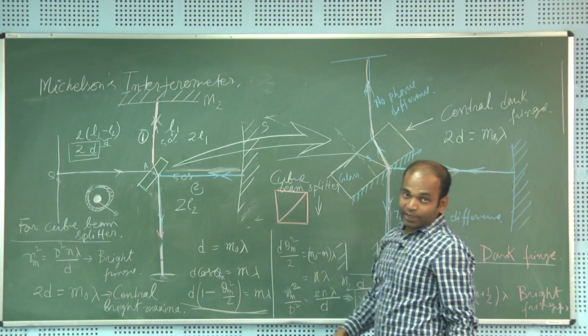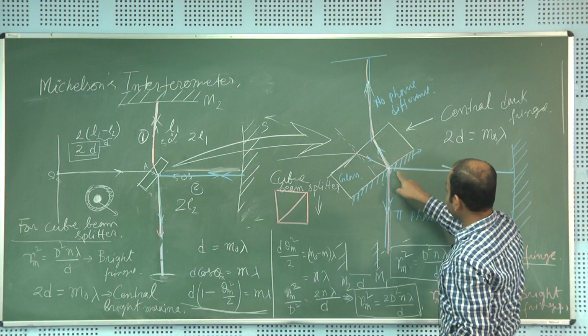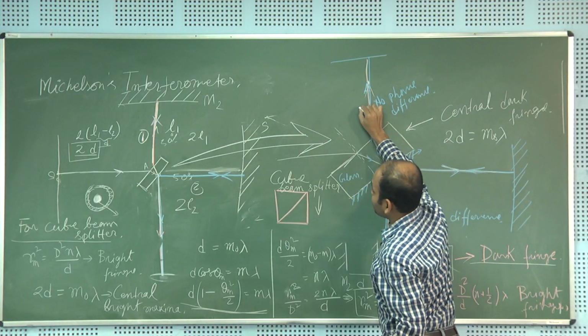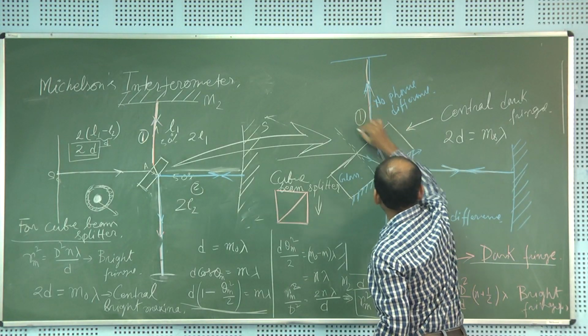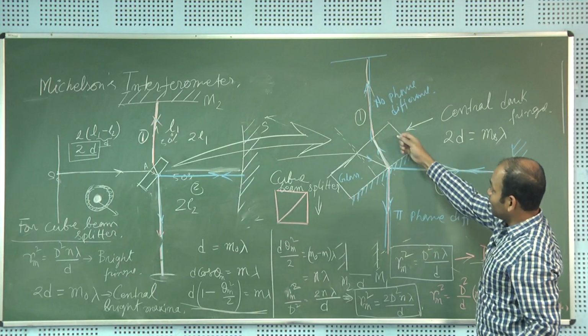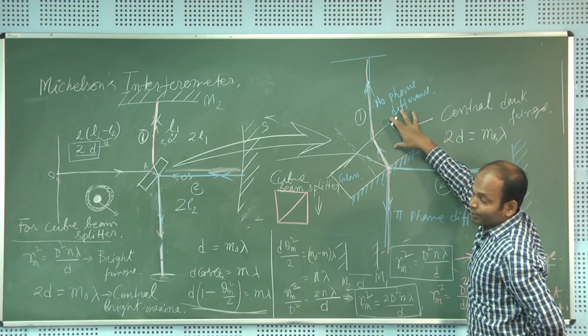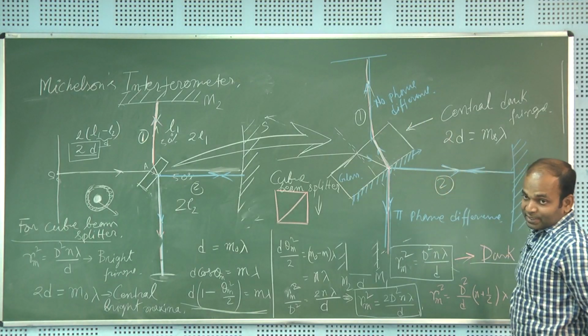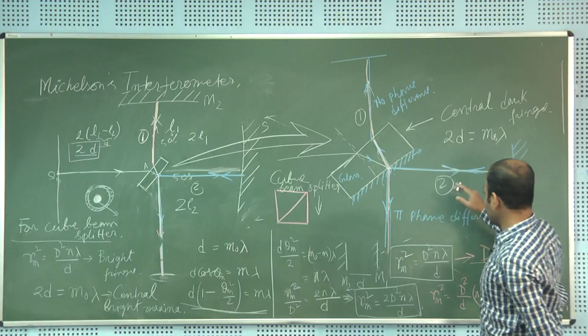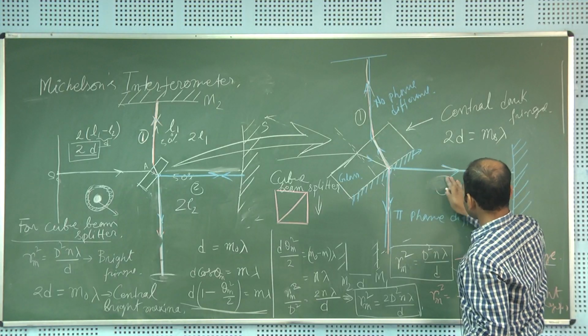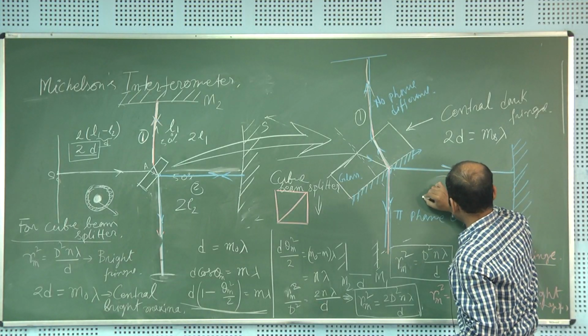In order to compensate, let us say this is path 1 and this is path 2. Path 1 is traveling an extra distance, which is given by this kind of beam splitter, and in order to compensate that, basically what you do is you put another beam splitter.